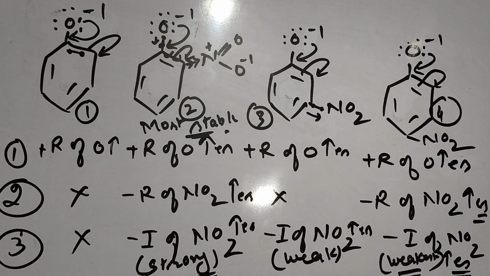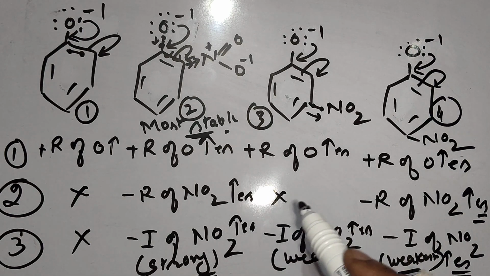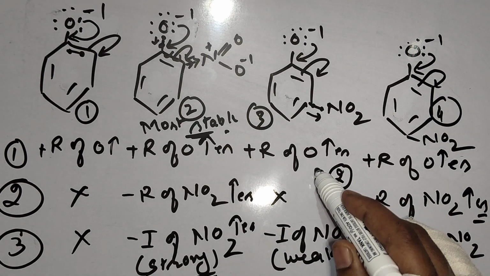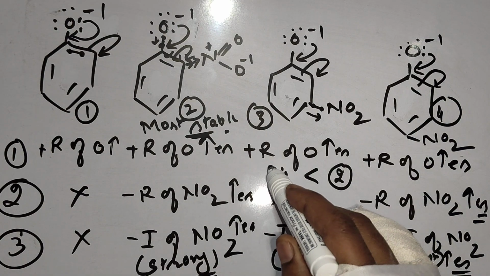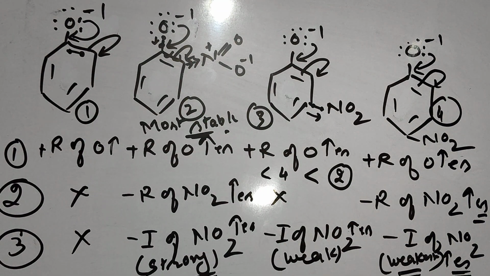So if I start to write the roughly increasing order of stability, the second will be most stable, and the fourth is less stable than the second. Okay, if I compare first and third, which is more stable?